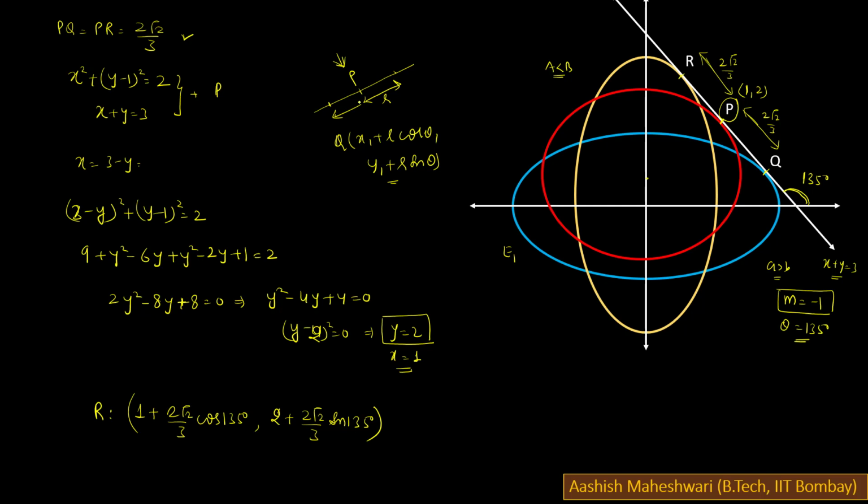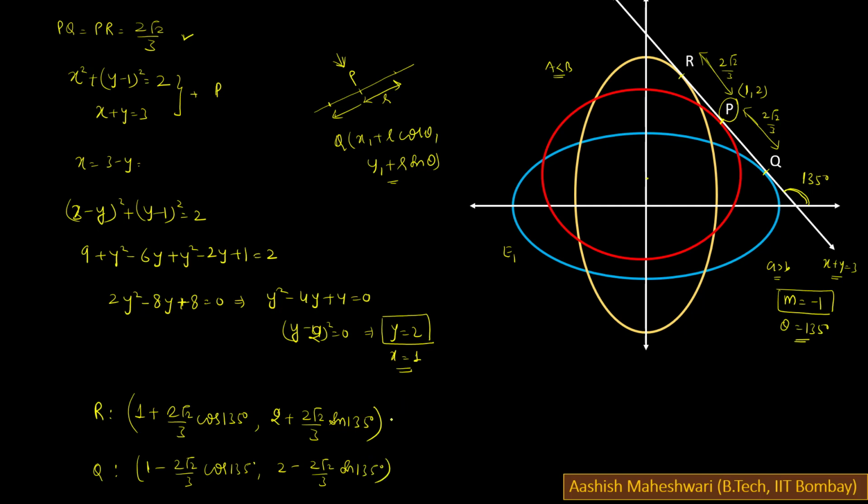R is the distance from the given point. And similarly, if you have to write the point Q, you can say this is (1 minus 2 root 2 by 3 cos 135, 2 minus 2 root 2 by 3 sine 135 degree).